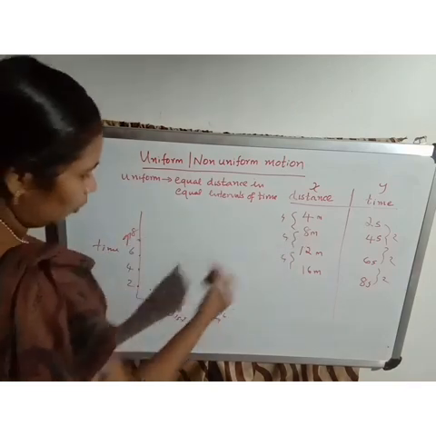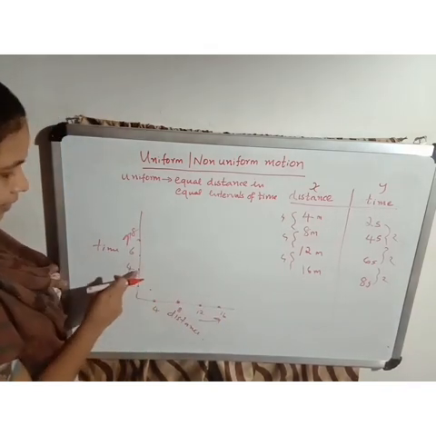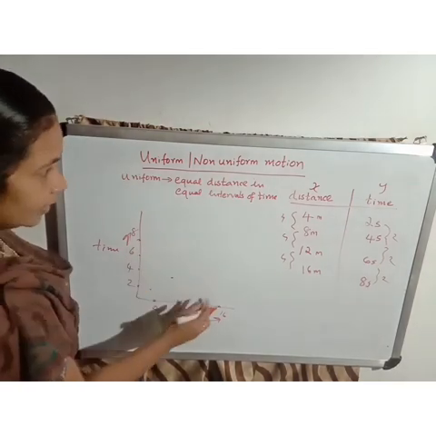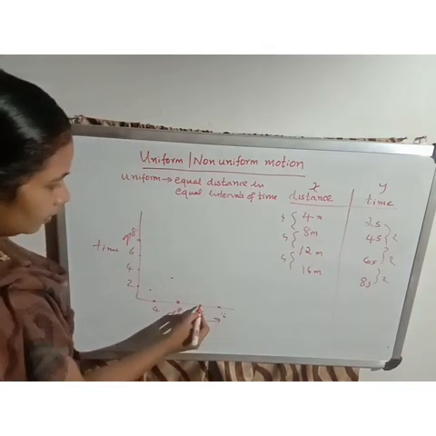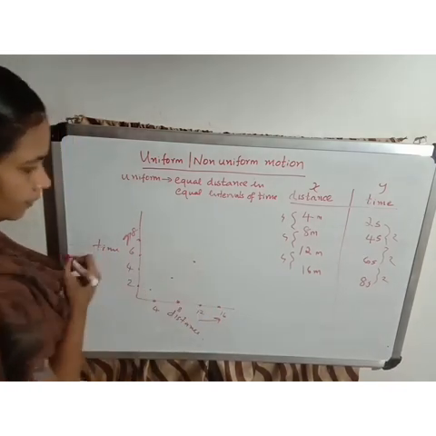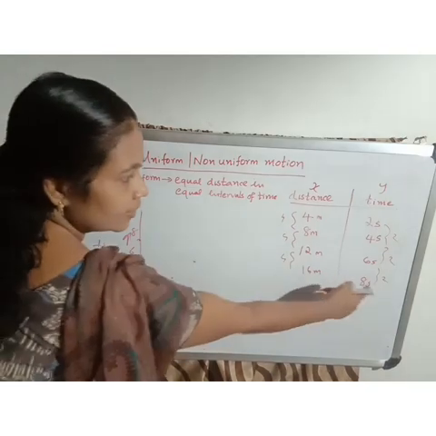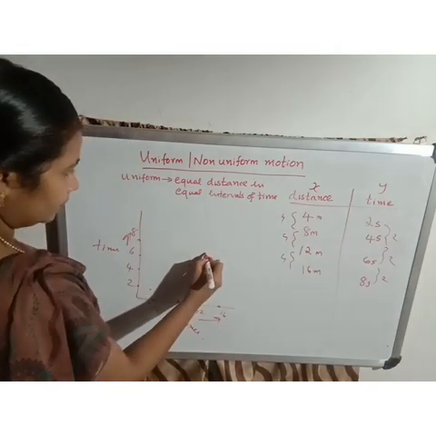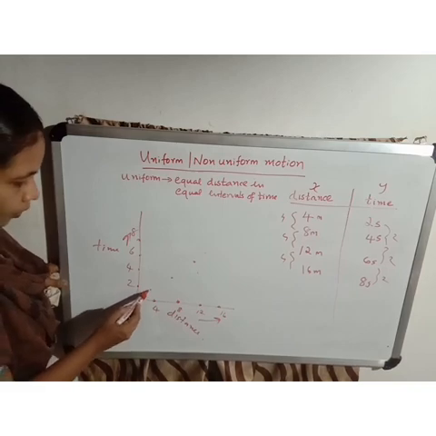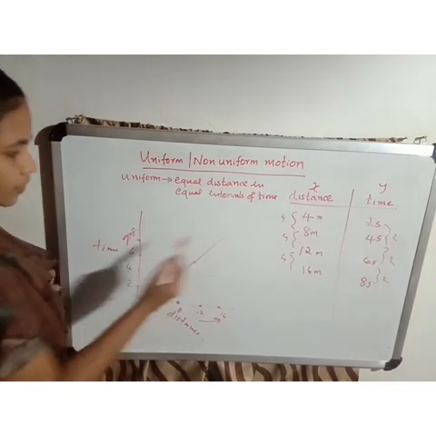The next point is 8 from the x-axis and 4 from the y-axis, which will be here. The next point is 12, 6, which will be somewhere here. Then the last point, 16, 8, will be here. If we join the points, we will get a straight line.